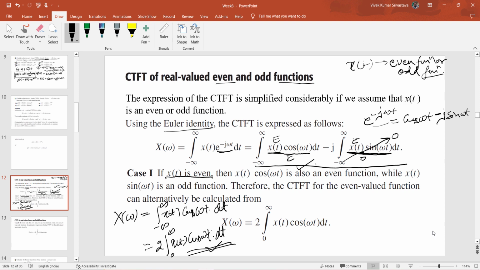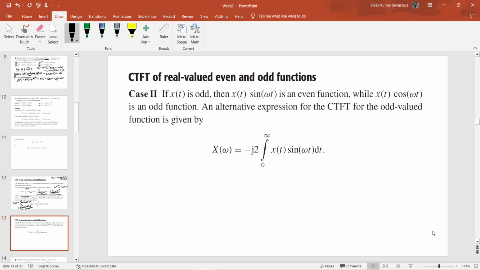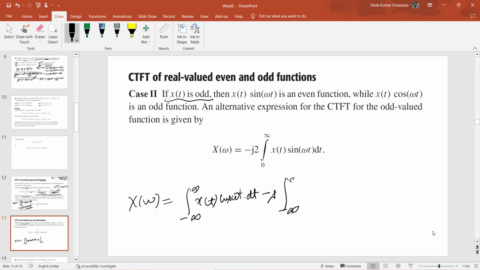Similarly, for an odd function, when x of t is odd, X of omega from the previous equation is the integral from minus infinity to infinity of x of t cos of omega t dt, minus j times the integral from minus infinity to infinity of x of t sine of omega t dt.